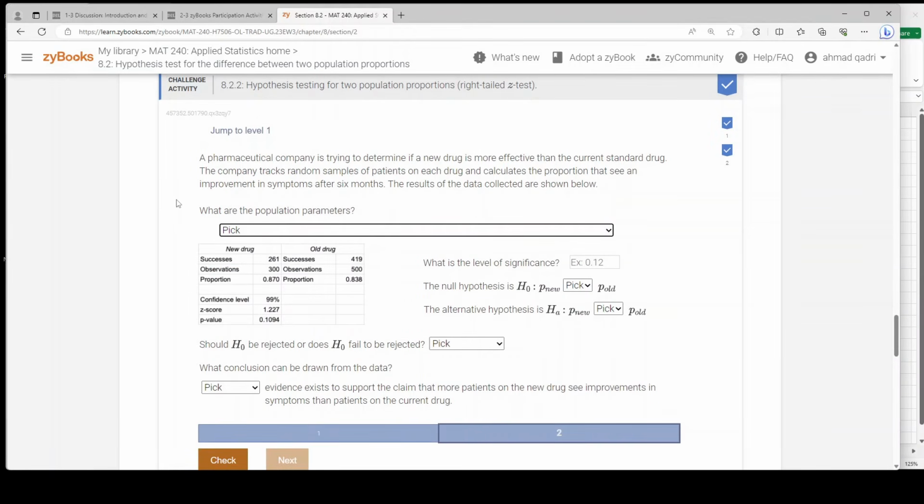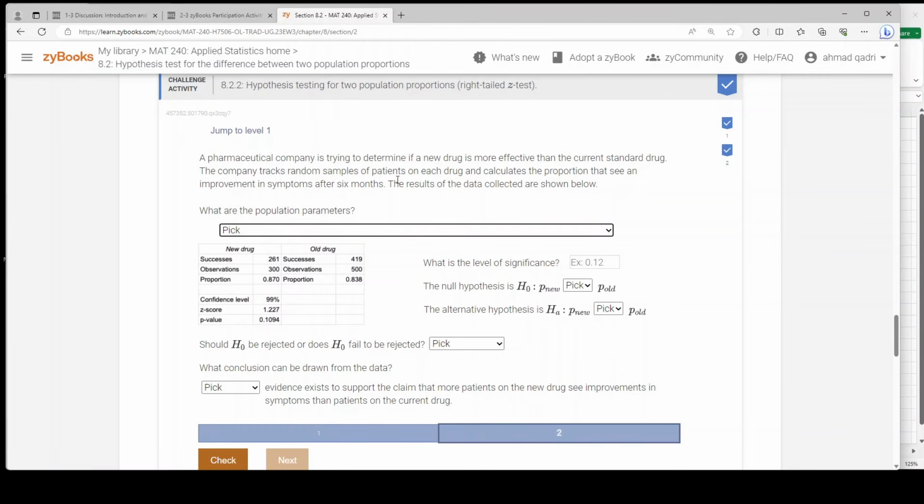The next question is, a pharmaceutical company is trying to determine if a new drug is more effective than the current standard drug. The company tracks random samples of patients on each drug and calculates the proportion that see an improvement in symptoms. So if the company is trying to determine if the new drug is more effective, then a higher proportion of patients would see an improvement.